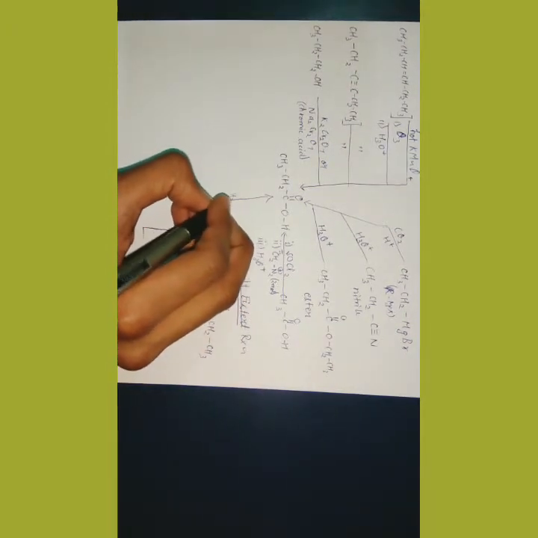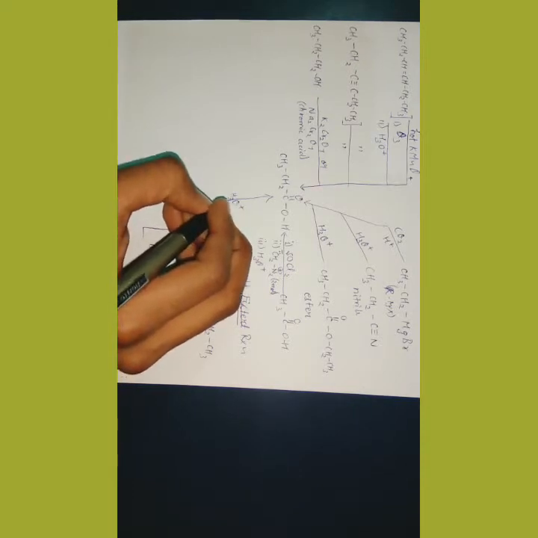If we do hydrolysis of all these 3 compounds, anhydride, amide, and acyl halide, with H3O+, this will give carboxylic acid.